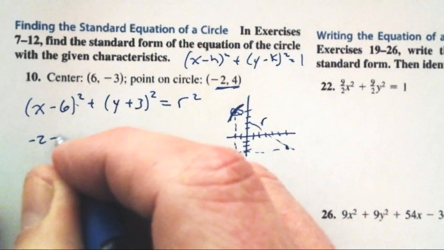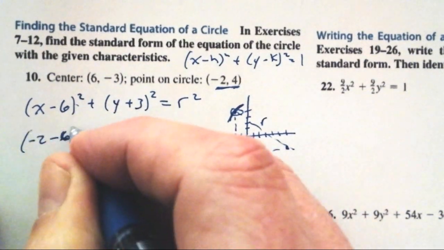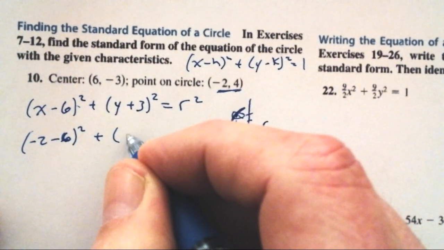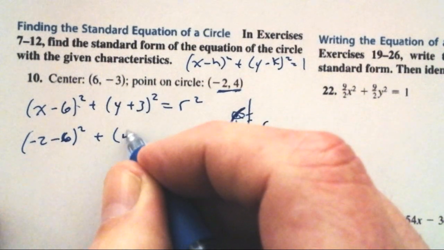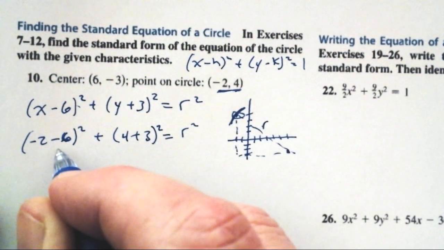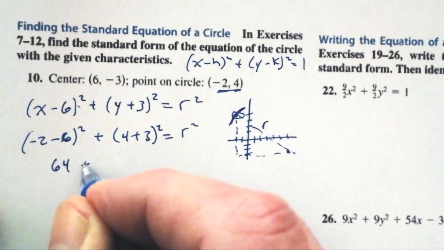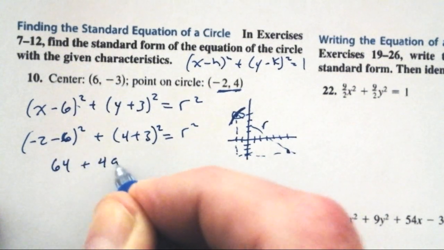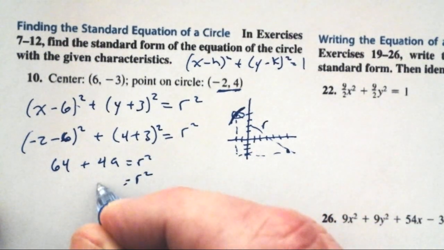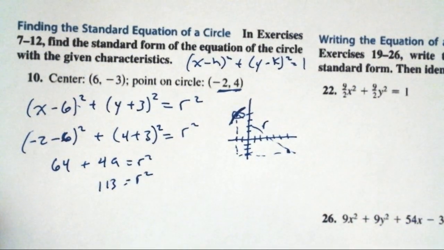So negative 2 minus 6 squared plus 4 plus 3 squared is r squared, or negative 8 squared, 64, plus 7 squared, 49, is r squared. R squared is 113. Now, let's go back.